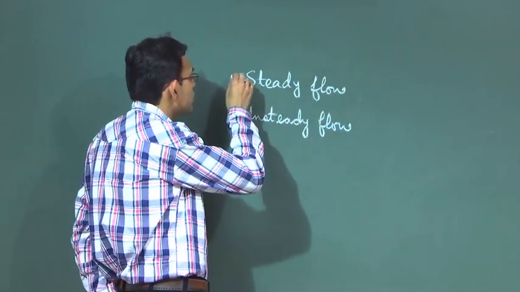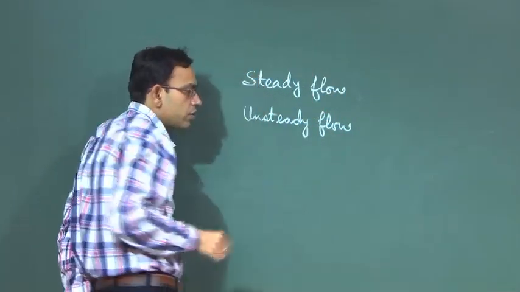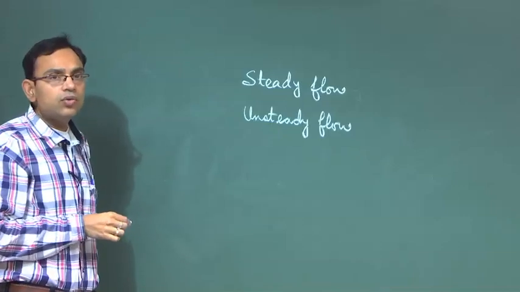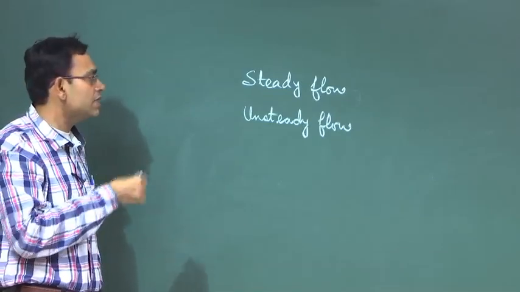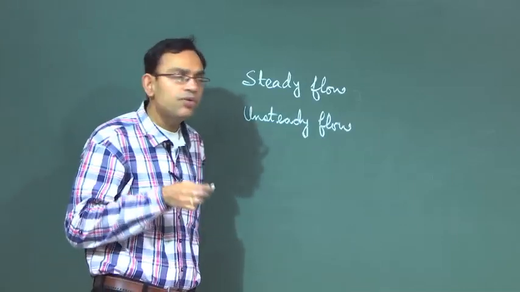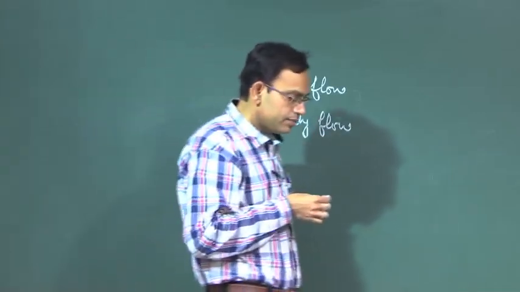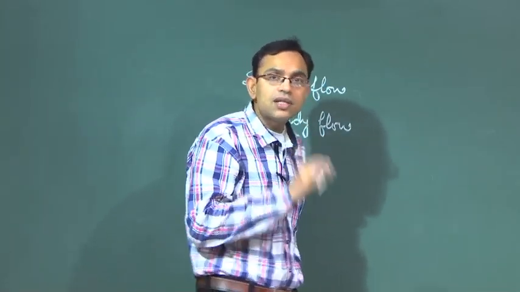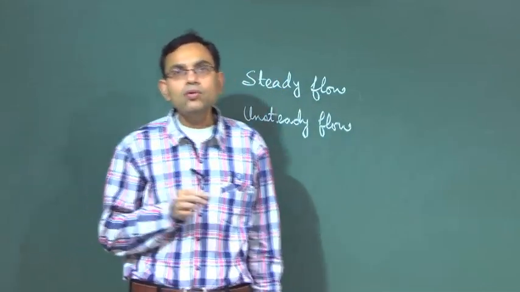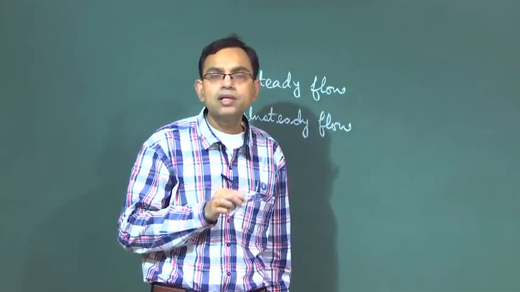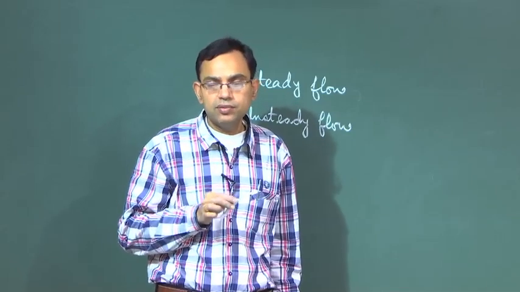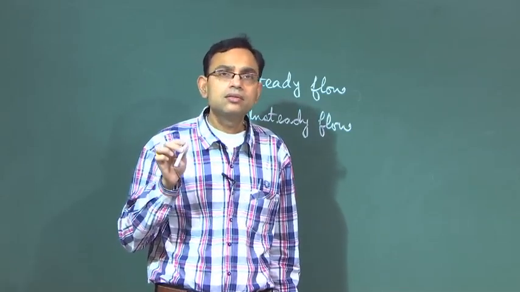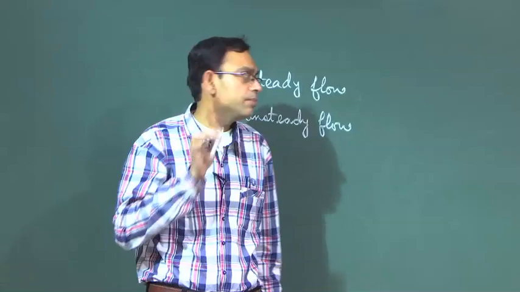Now we are going into the Eulerian description and trying to understand various terminologies related to that. Steady flow means the velocity of flow or the fluid properties, whatever they are, at a given location are not changing with time.